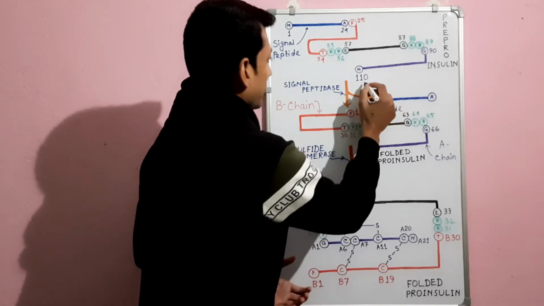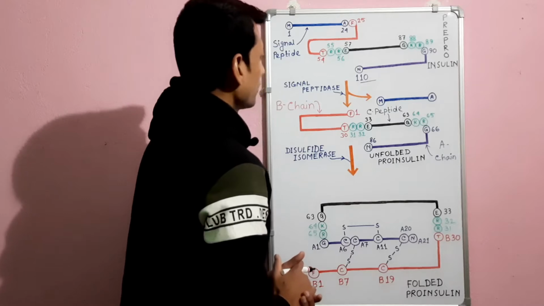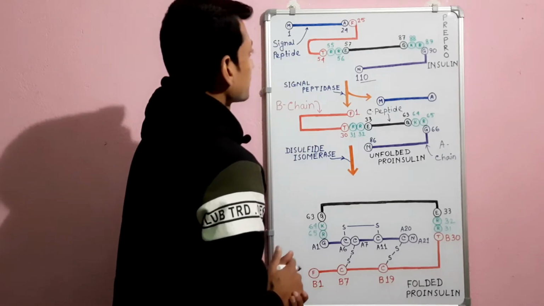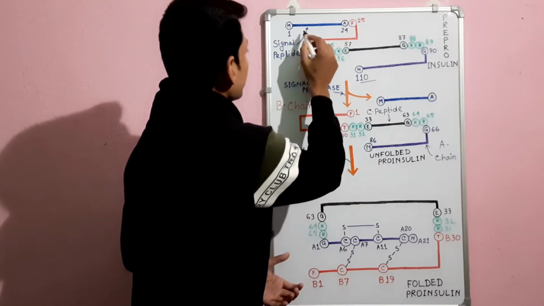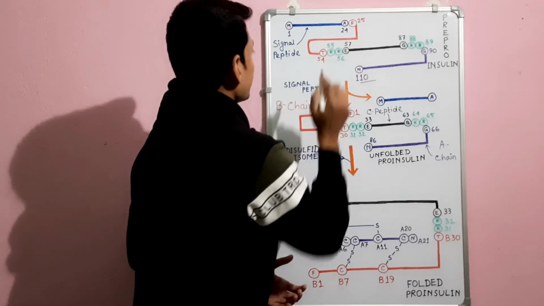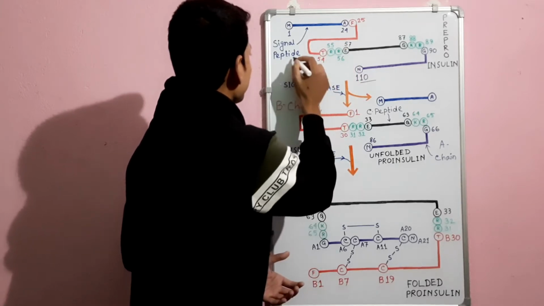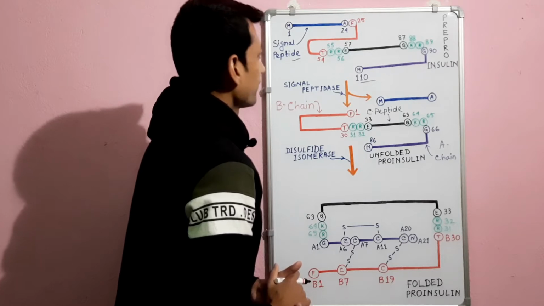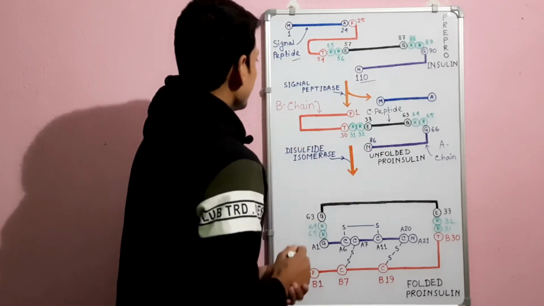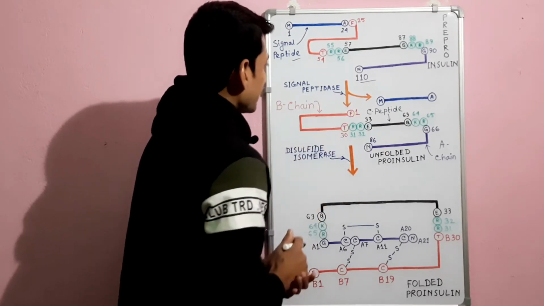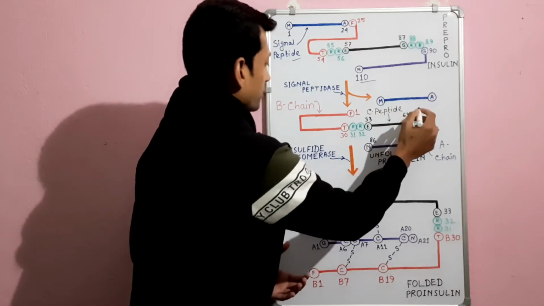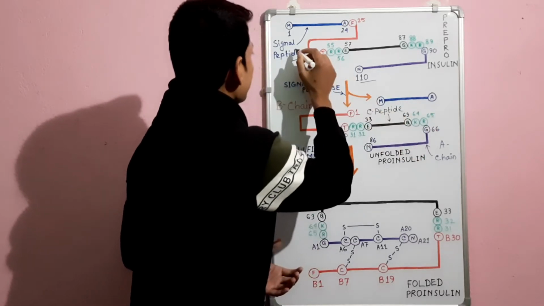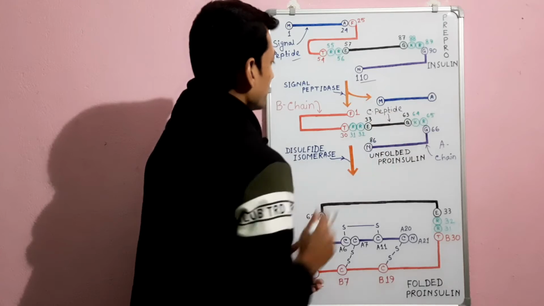It is a 110 amino acid long chain. The first 24 amino acid long region is known as the signal peptide. Then signal peptidase enzyme removes or cuts this signal peptide zone.